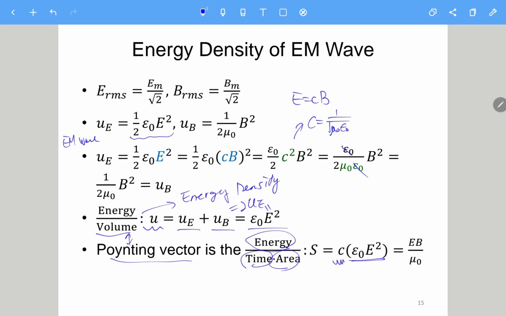So let's think about what this means. Energy per time, and then per area. Area is 2 dimensional, while volume is 3 dimensional, which means you can consider this as energy per cross-section area, and then consider the length.